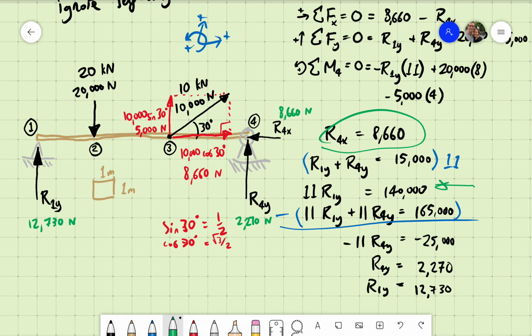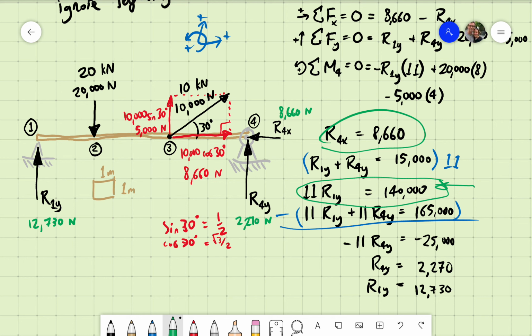newtons. So, if I had been paying more attention, firstly, I would have put R4X in the correct location. I should have seen this line straight away. I should have seen there's an equation there with one unknown that can be solved in and of itself without the need for adding and subtracting. So I should have done that next.